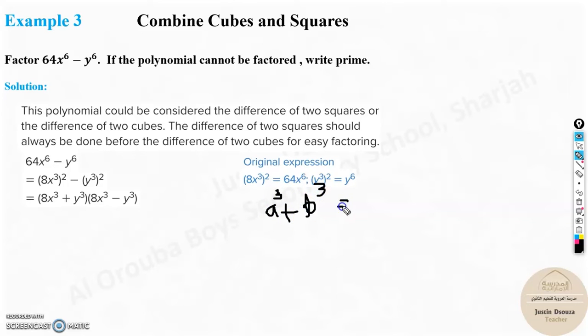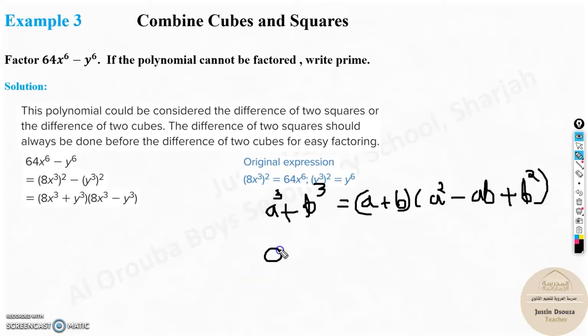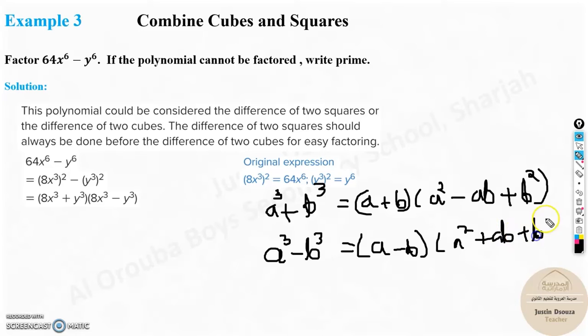A plus b cube, that is a plus b times a square minus ab plus b square. And then what do we have? We have a cube minus b cube, that is a minus b times a square plus ab plus b square. So this is what happened now. You have to apply both of these again.